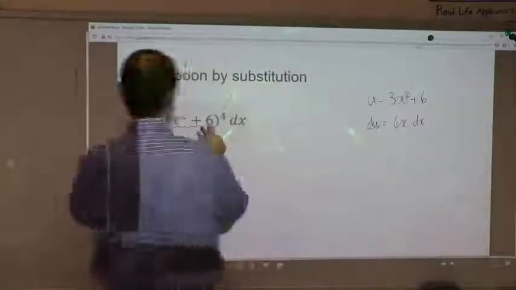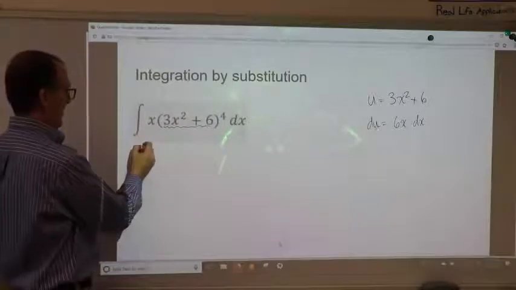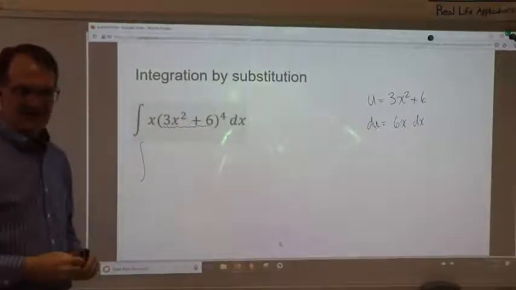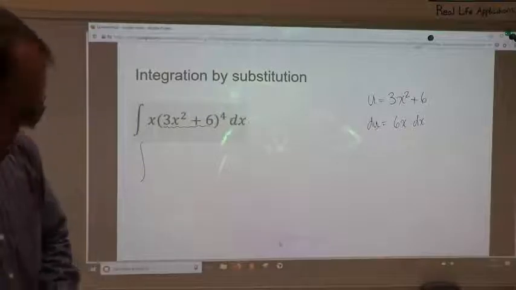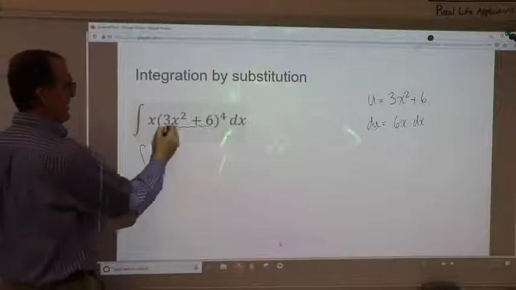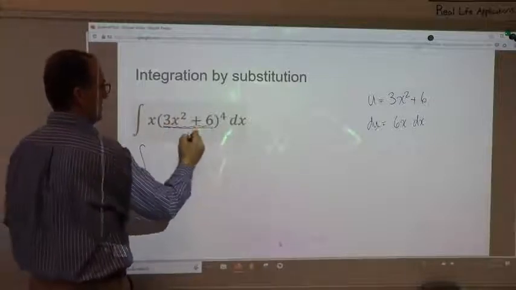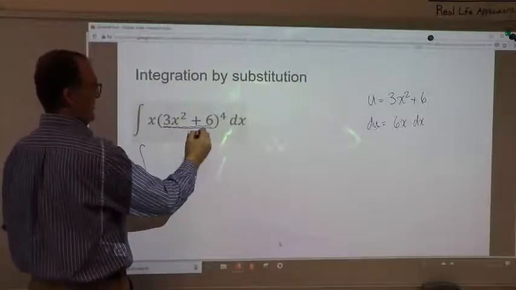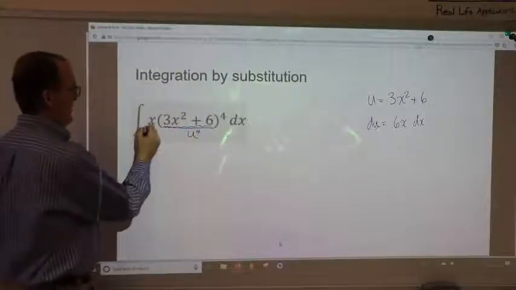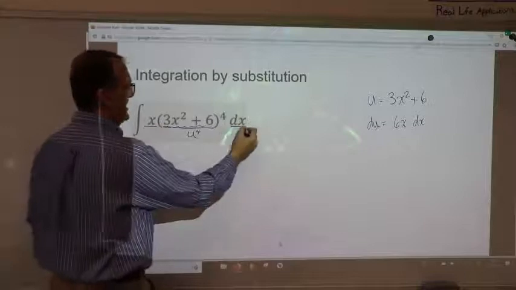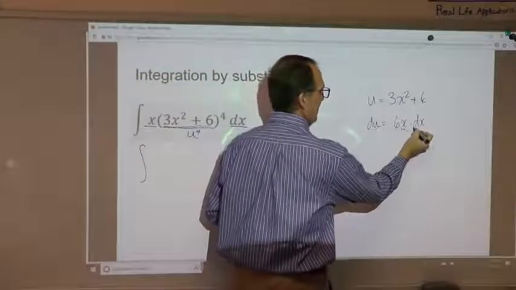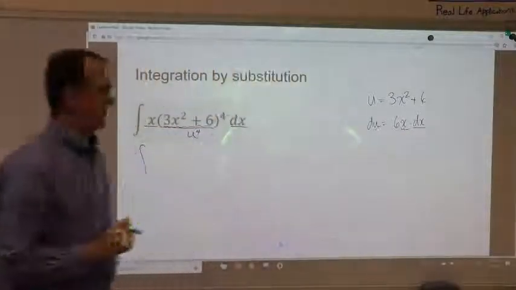Now, why am I doing all this? When I look over here at my integral, I see u, and I can think of it as u to the 4th power. Here I have x and the dx, and here I have x and the dx.